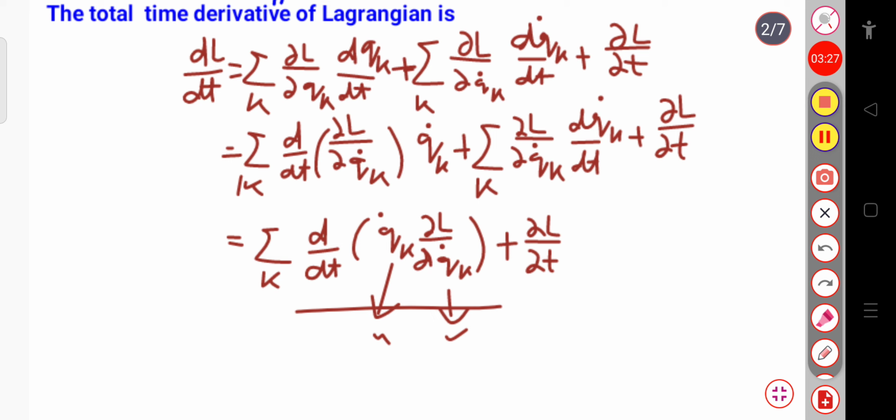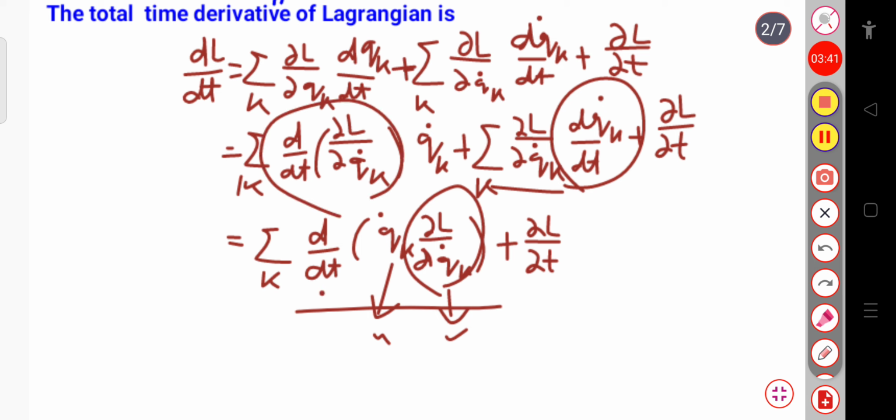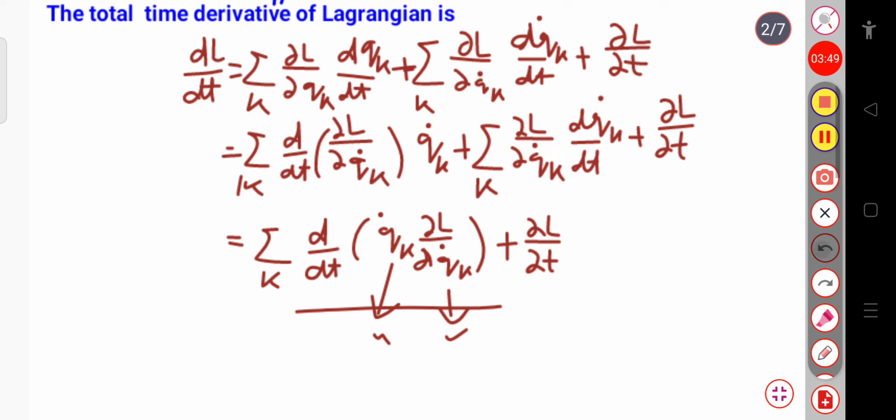So first of all I will do d by dt of qk dot into dou L by dou qk dot, plus d by dt of del L by del qk dot into qk dot. So this term will be the first. And for the last term I will write dou L by dou t.